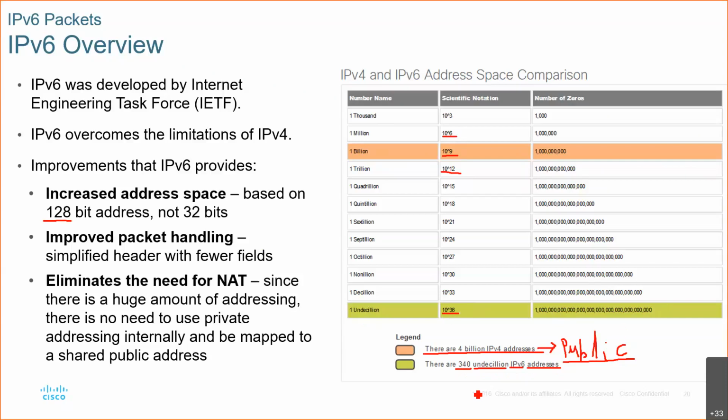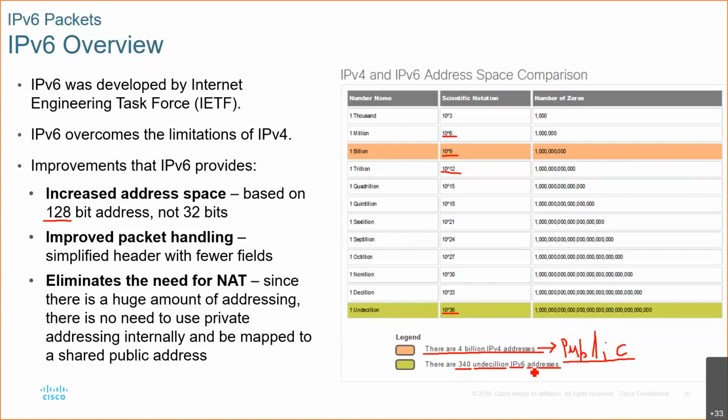Now we are talking about 340 of those. Given the scale of the technological advances that we are going through at this stage, adding new devices, we will not run out of IP version 6 addresses for more than 100 years. So maybe after that, we have to come out with a new technology. You get an idea? Okay.